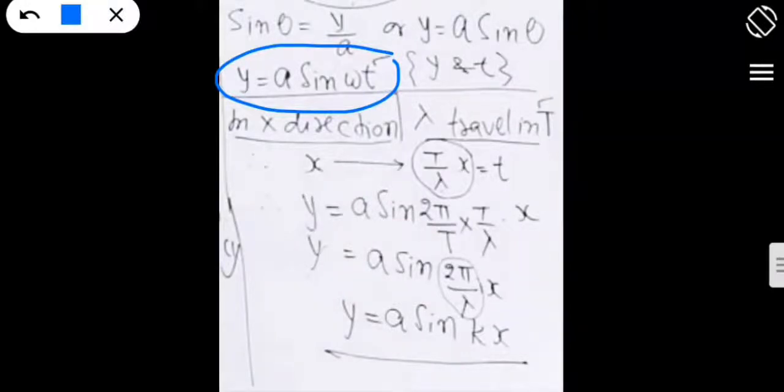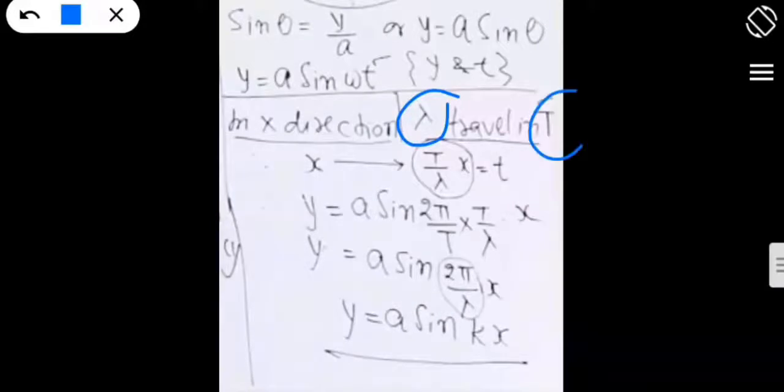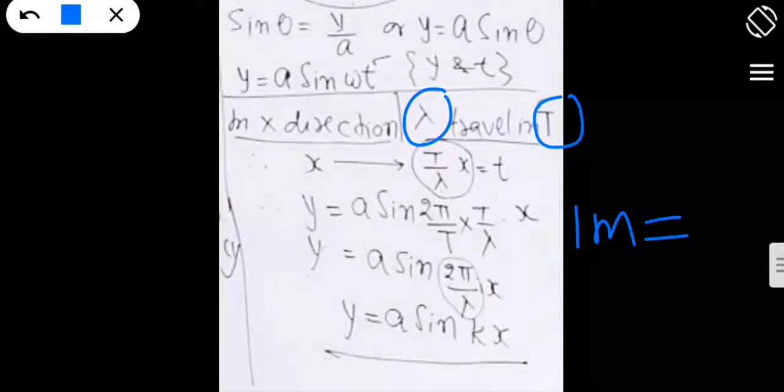Lambda is the wavelength, which is going to travel in time capital T. Now if the lambda length is traveled in time capital T, then 1 meter, 1 unit, will be traveled in time T by lambda, by the unitary method.